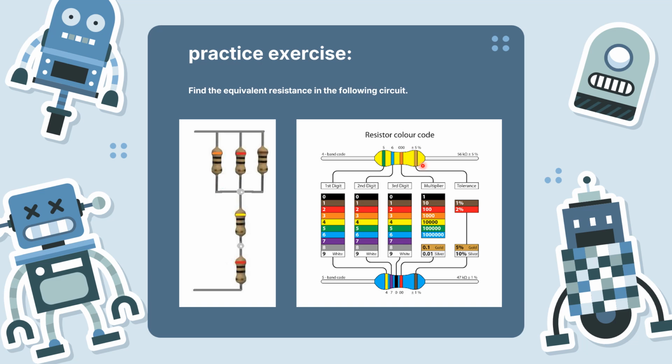And for example, in the 4 color resistor above that we see, the first color is green. It shows, as you can see here, number 5, and the second color is blue, which shows the number 6. We write them, so 5, 6, and the third color is orange, as you can see, and shows the number of zeros.